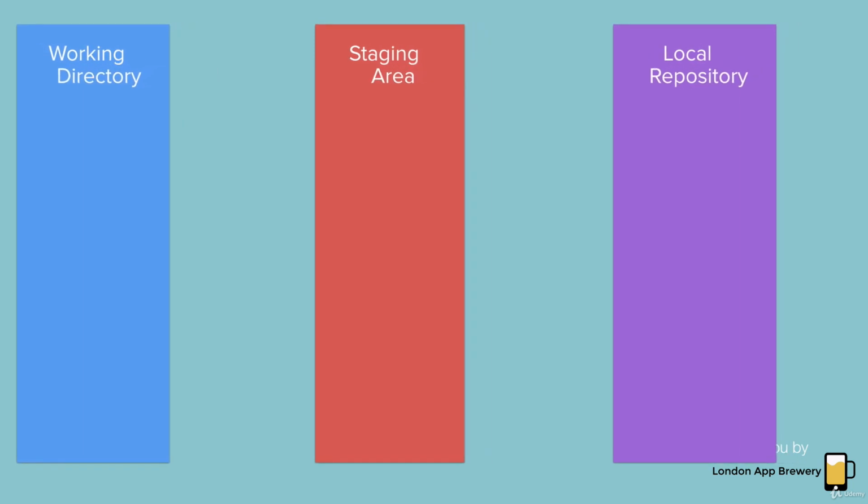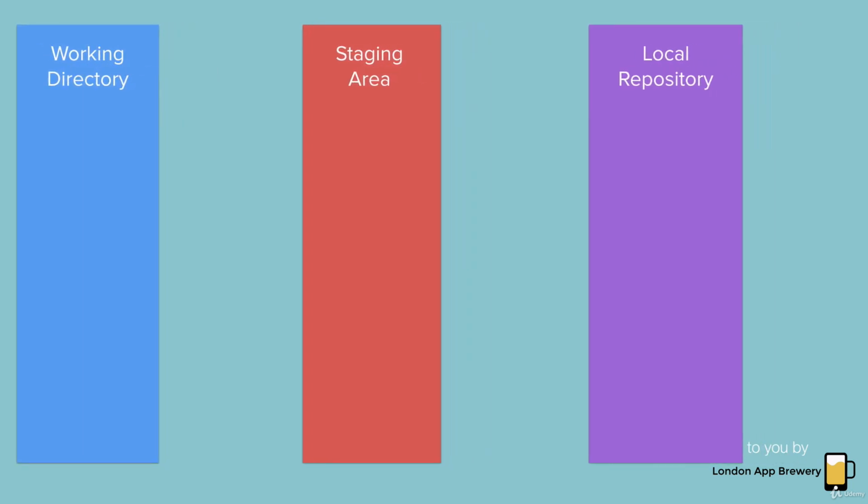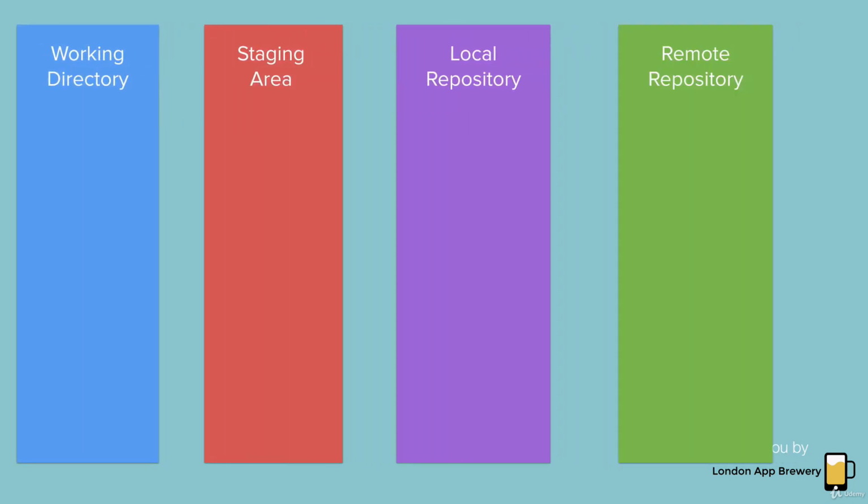Now later on, we then introduced this idea of the remote repository. The important thing to note is that you can have a local repository completely in parallel with a remote repository. Check the differences between them, but you can also sync them or push things from your local repository to your remote repository.